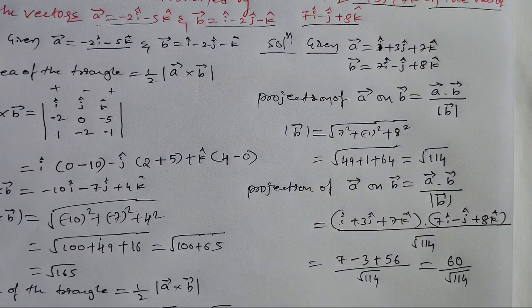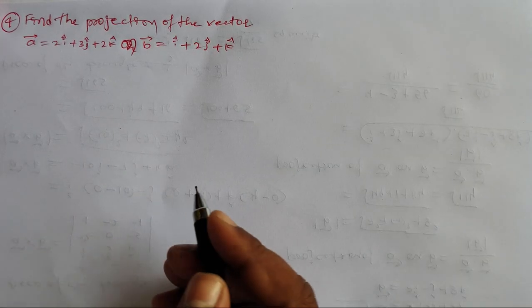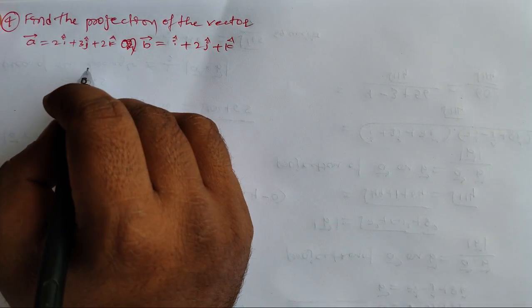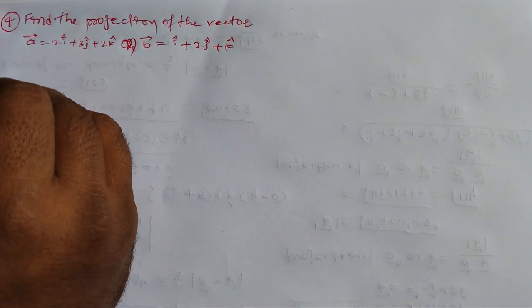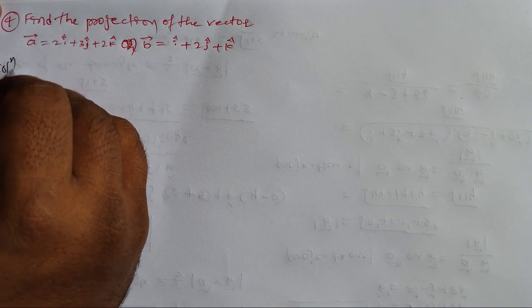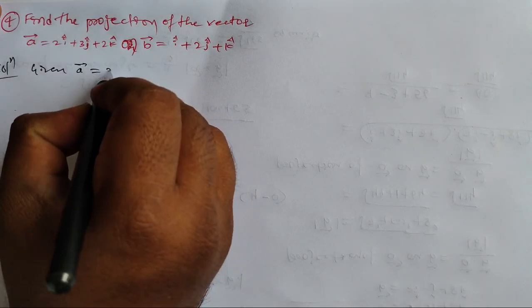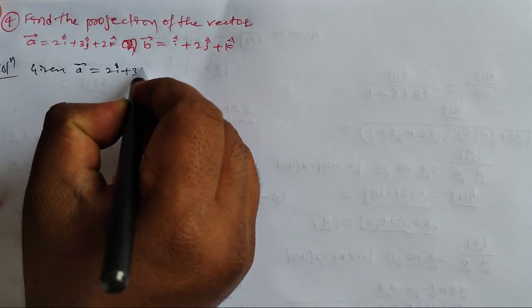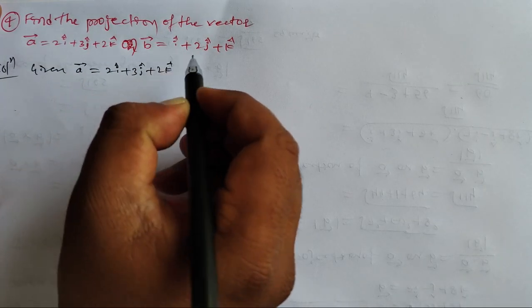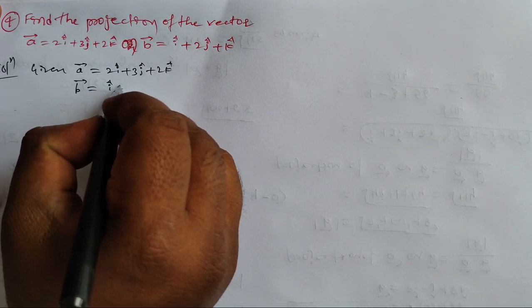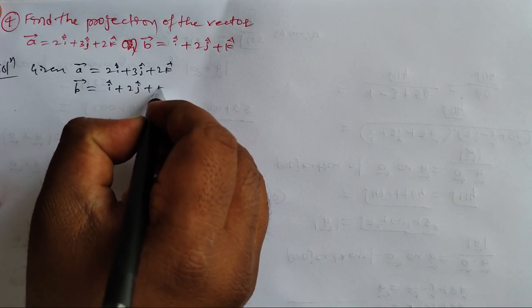So next, there is one similar question, let's solve it. Okay, find the projection of the vector A on B, right? So the same question, solution. The given vectors A vector equal to 2i plus 3j plus 2k and B vector equal to I plus 2j plus k.